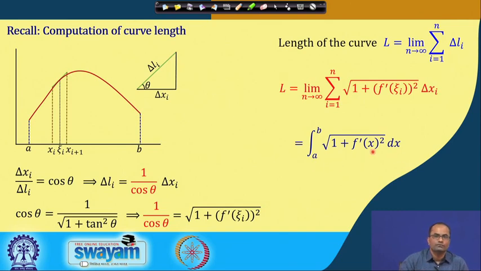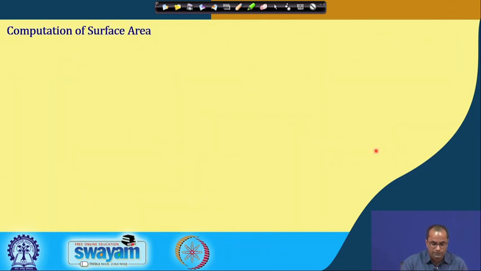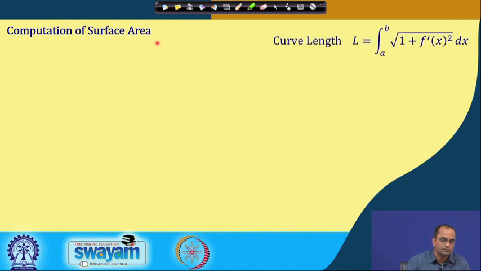We will not go through the formal proof, but if we understood the concept here, in case of one variable, the integral which computes the curve length is given by the square root of 1 plus f prime square dx. We will just make an extension now for the computation of the surface area. For the curve length, the formula was from a to b, so over the domain we are integrating this integrand, which was the square root of 1 plus f prime square.